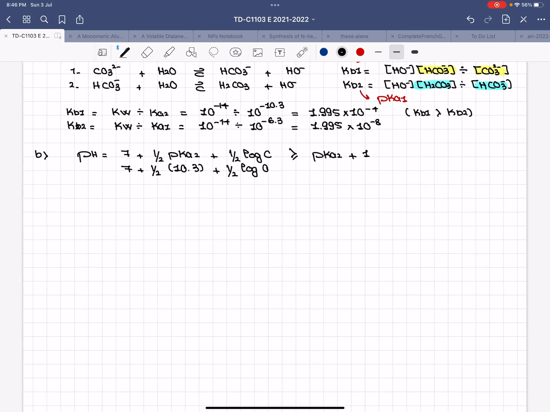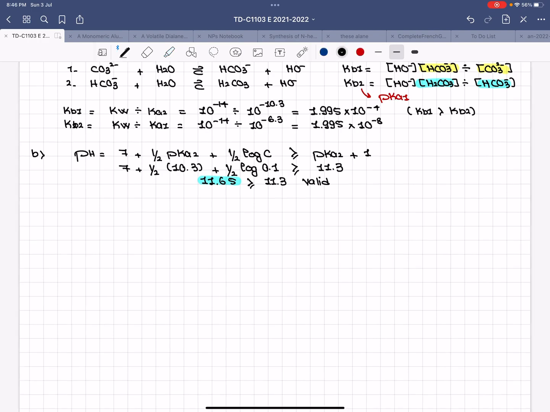Log 0.1 is greater or equal than 10.3 plus 1, so that's 11.3. You get an answer of 11.65. This is greater than 11.3, valid. This is your pH.